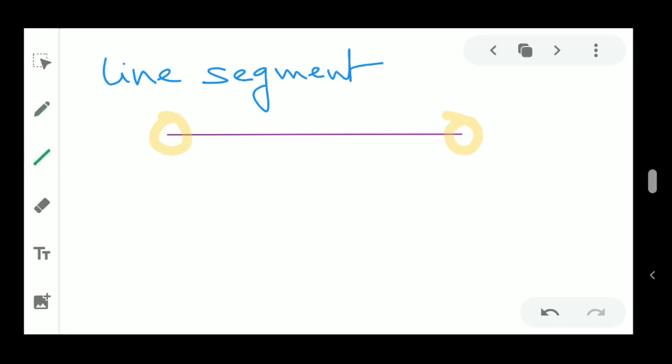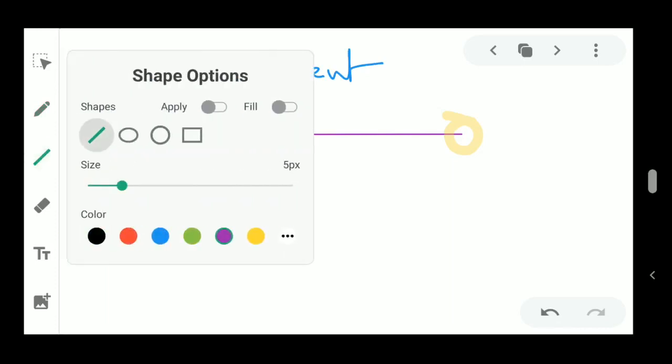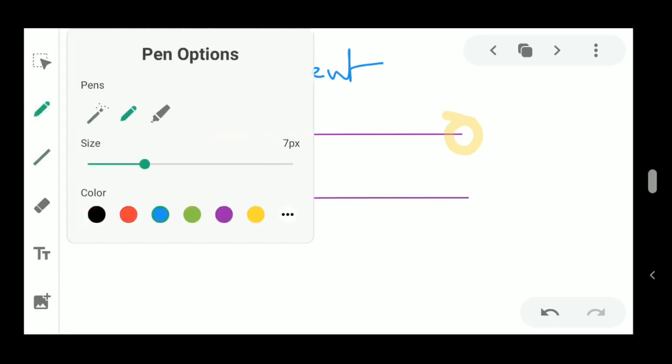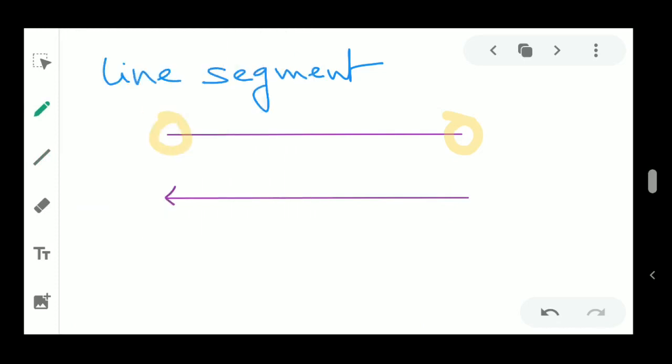When it doesn't have any end and it looks like this, going in this way and also in that way, it is called a line, a simple line.